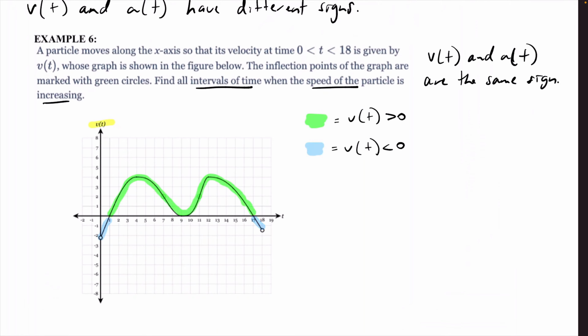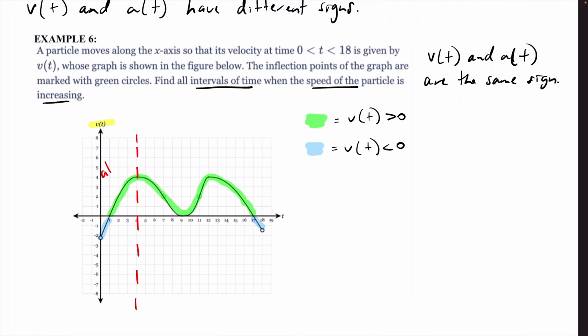Okay. Now, when is acceleration? Acceleration is slopes. So in other words, when am I going up the roller coaster? When am I going down the roller coaster, right? Increasing, decreasing. Okay, I'm going up the roller coaster from 0 to about 4, so that's positive.